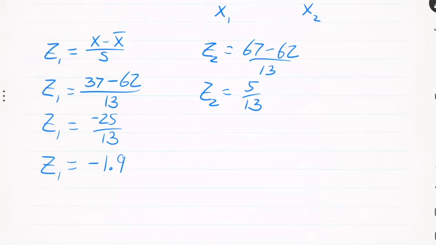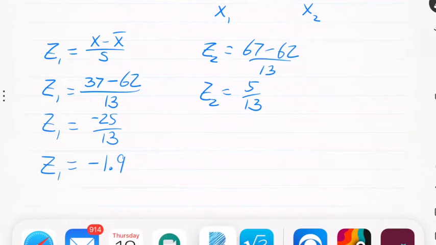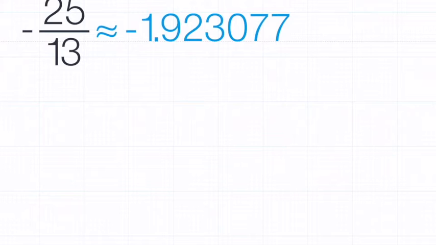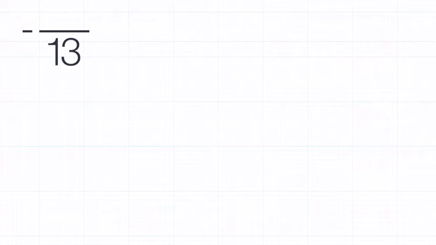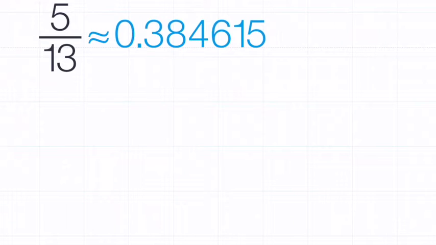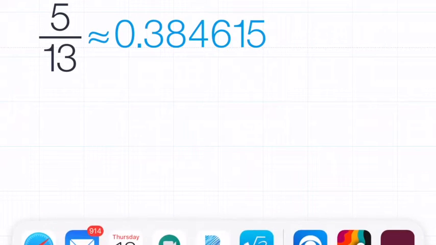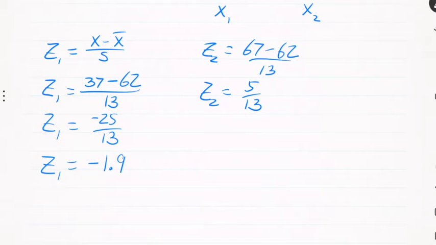And then 5 divided by 13 is 0.4, closest. So z2 is approximately 0.4. And then we'll look it up on the table.